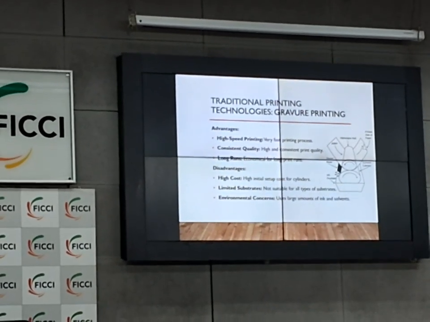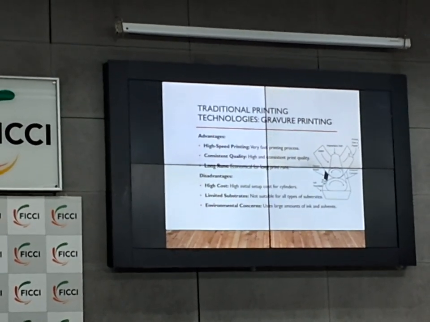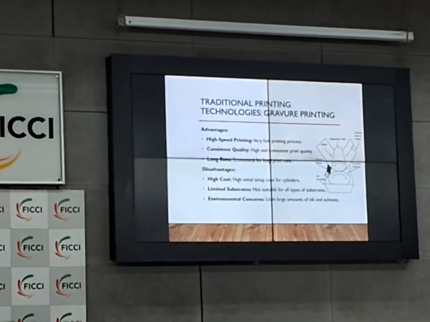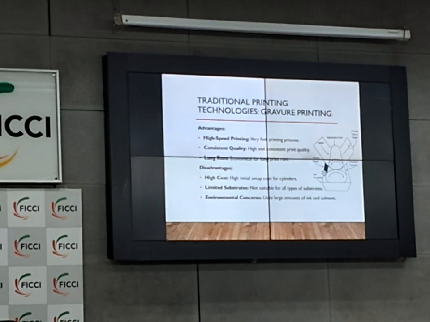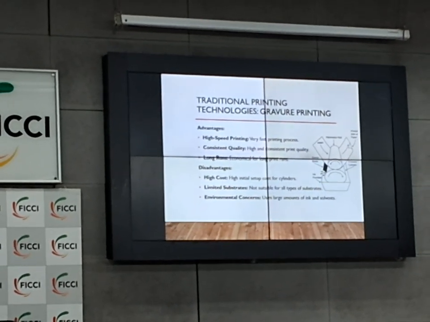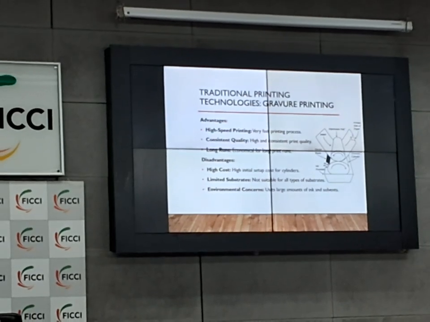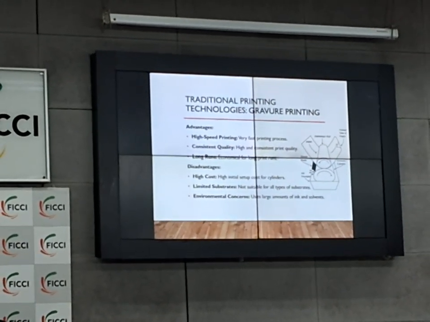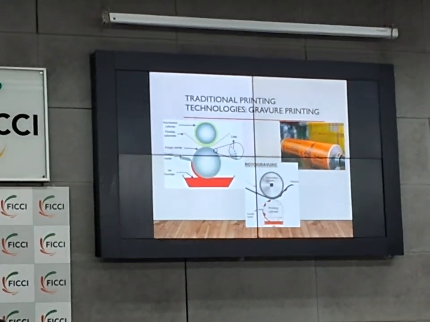So this is a typical sketch of the direct printing process. One is the cylinder which carries the main image, and the substrate is passed between the impression cylinder and the image cylinder, so we can print on both paper as well as polymeric substrates. Next.